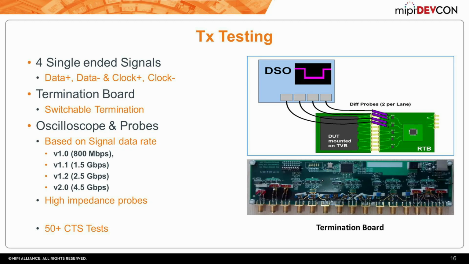So based on what version of the spec you want to test today, and what you might want to test in the future, you may have to choose the capability of the test equipment in terms of oscilloscope capabilities and the probing capabilities. Just as a note, this is a picture of a termination board which covers up to version 2.0, up to 4.5 gig. The current CTS has about 50 plus tests in the suite.